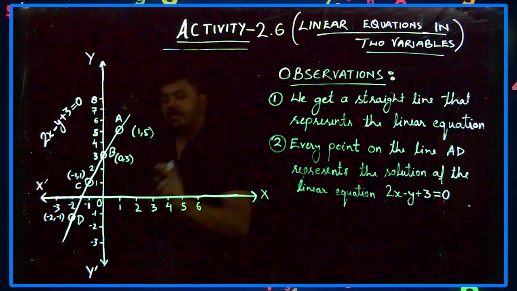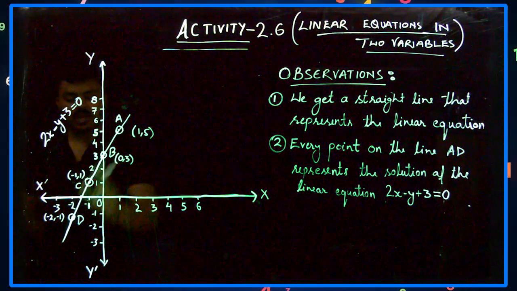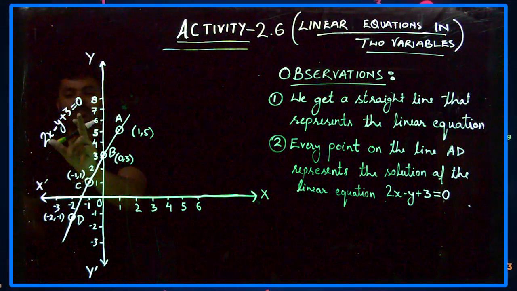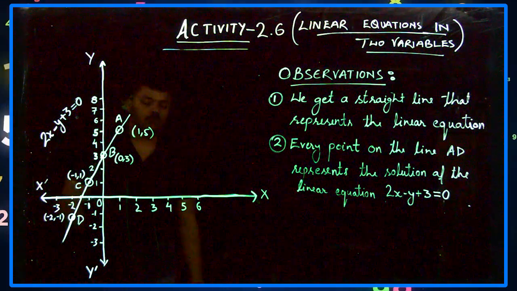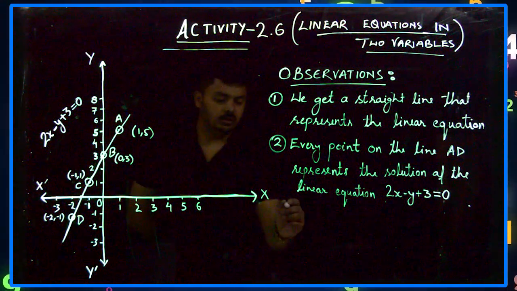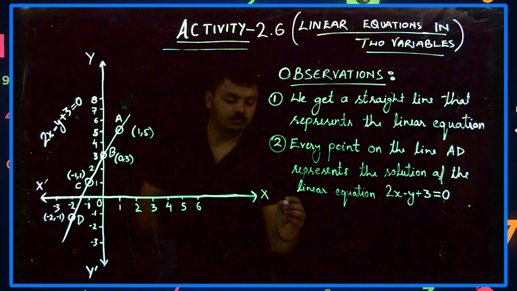That is, any point that is lying over this line will be a solution for the given linear equation in two variables.